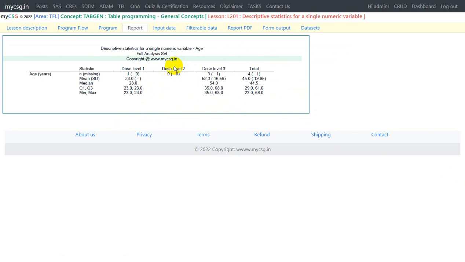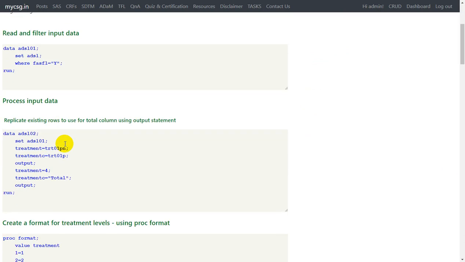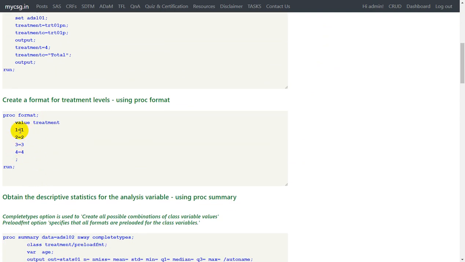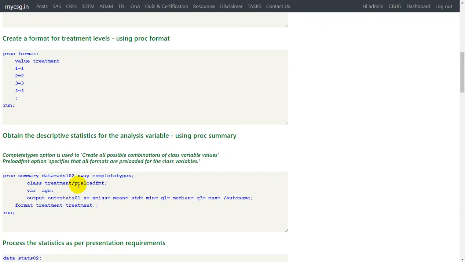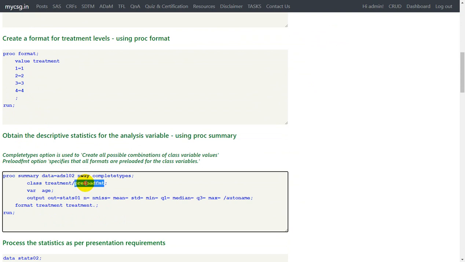For that purpose, we created a format which contains all 4 possible levels, and then we specify that the treatment variable needs to use the format which is created, and we specify that all 4 levels have to be preloaded.